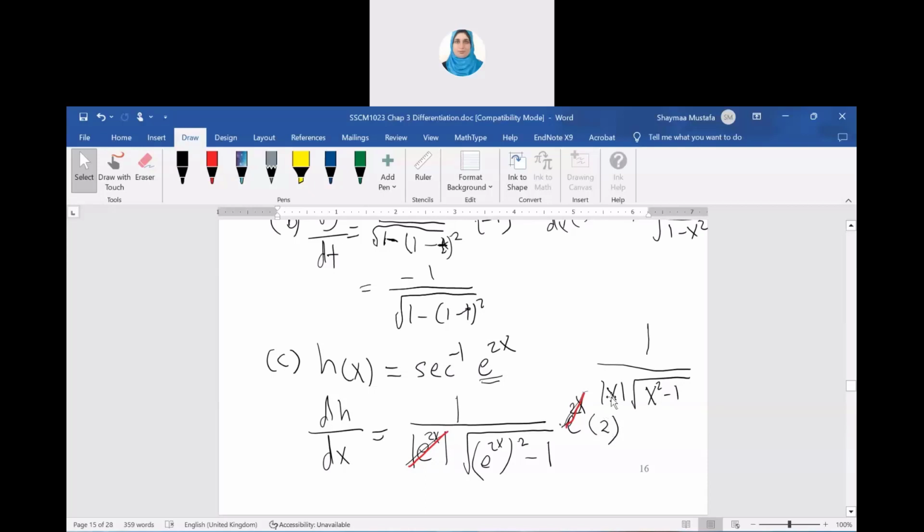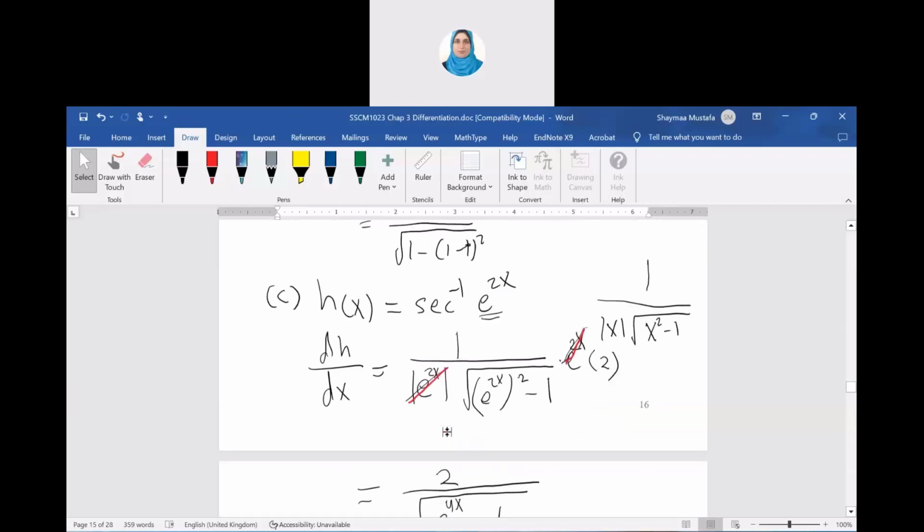Usually these rules are given to you in the test. Now x will be replaced by e to the 2x because we don't have sec inverse x, we have sec inverse e to the 2x. So in the rule, replace x by e to the 2x, and then multiply by the derivative for e to the 2x, which is the exponential function itself, multiplied by the derivative for 2x, which is 2.